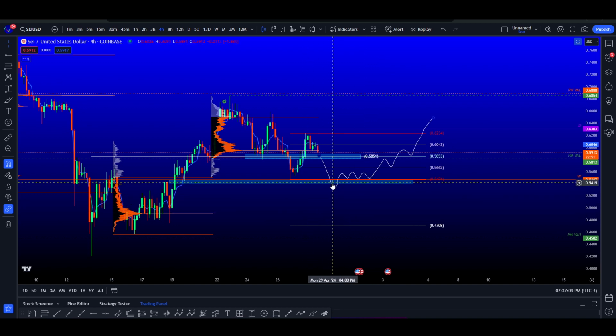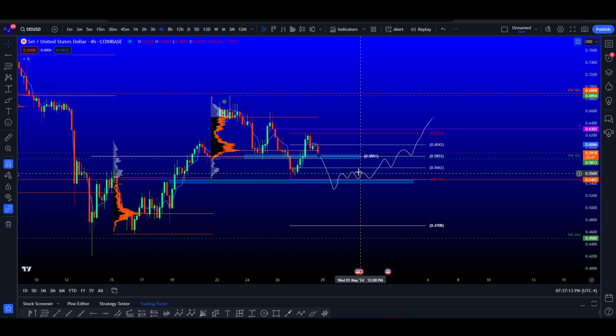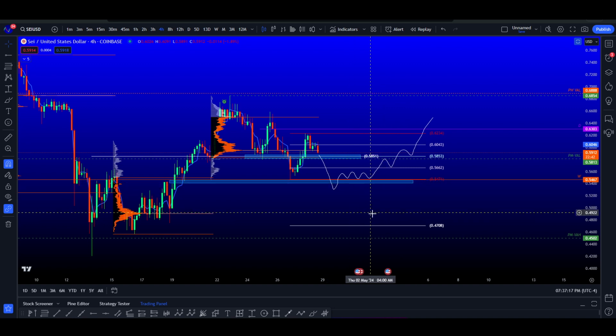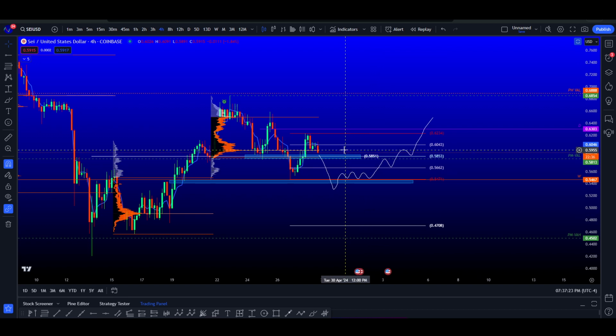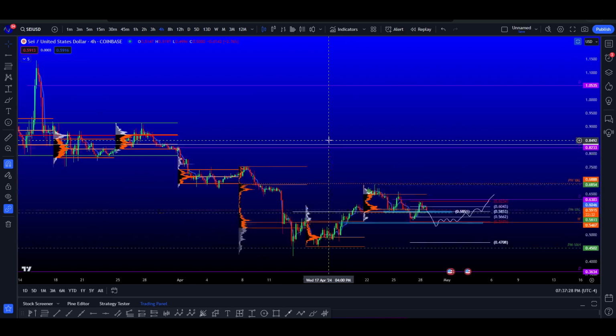So if any one of those levels break, you can short it to the next area of support. So almost every 5 cents, which kind of makes sense psychologically, is where you'd be looking to either enter a short or enter a long based on market structure, right?